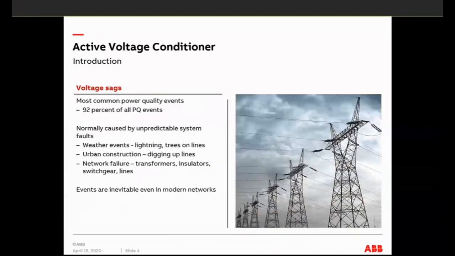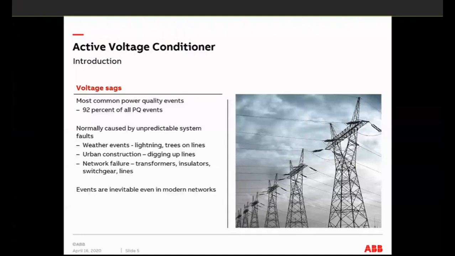So actually, the most common power quality issue that we have is the voltage sag. 92% of all power quality events are voltage sags. Why? Imagine we have the power plant and the grid. From the power plant to the load, we have more than 100 kilometers of grid lines.